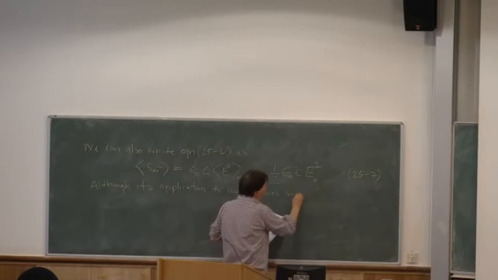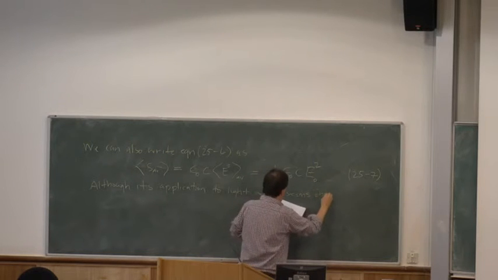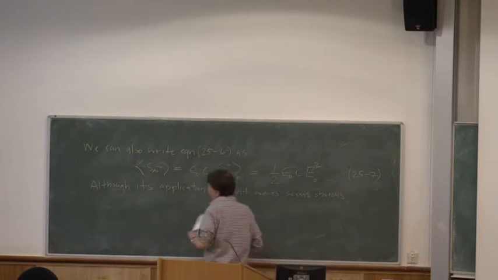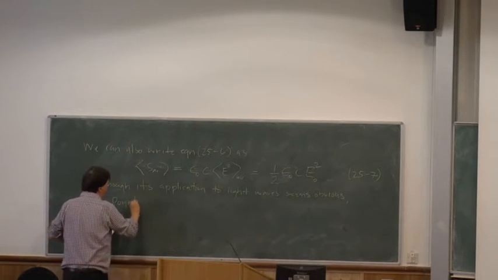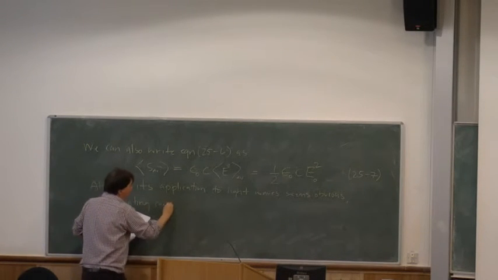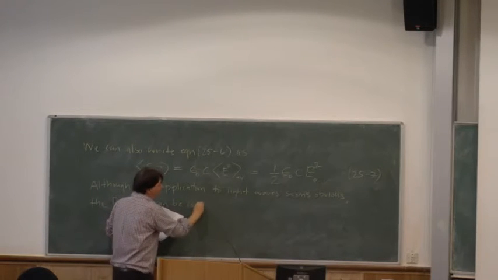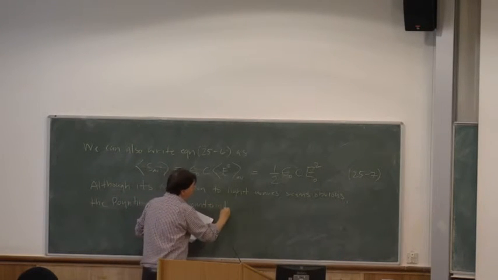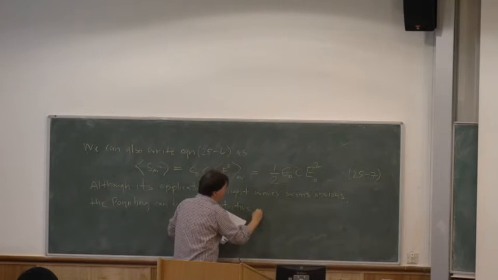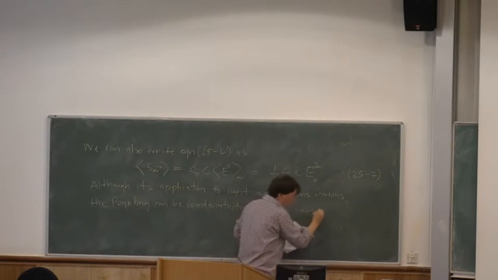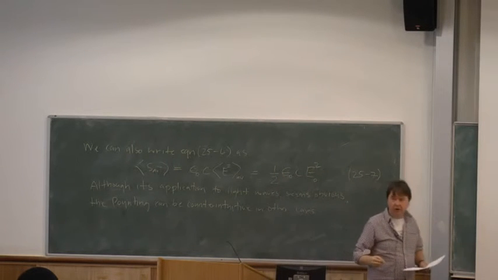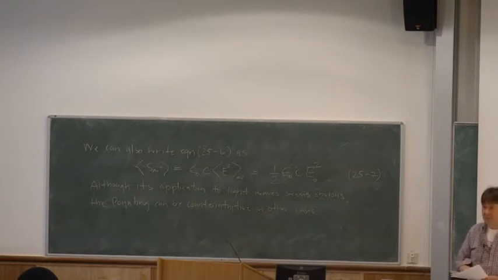So although that seems a kind of obvious application, the Poynting vector can be counterintuitive in other cases. I'm just psyching you up gradually for the really weird one at the end of the lecture.